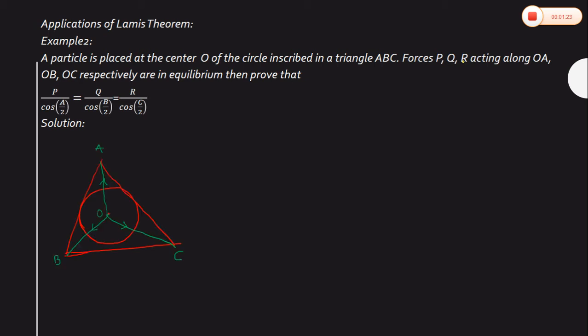This is a triangle ABC and one circle inscribed in this triangle whose center is O. Join the points OA, OB, OC, and along OA the force is P bar. P bar is along this direction, Q bar is along this direction, and R bar is along this direction.